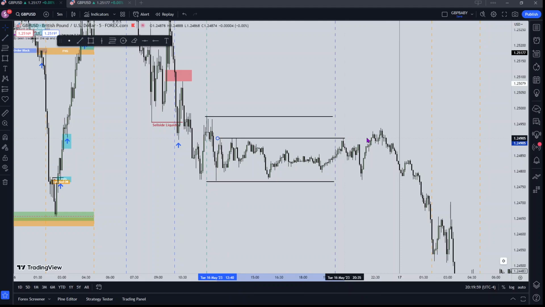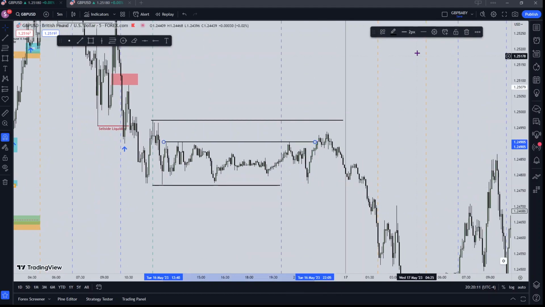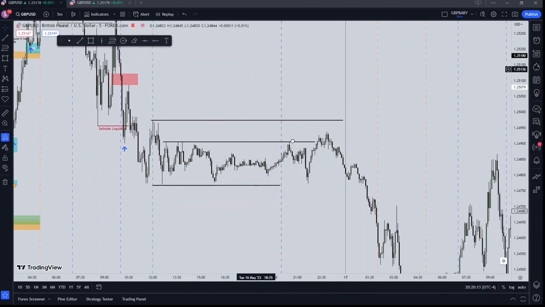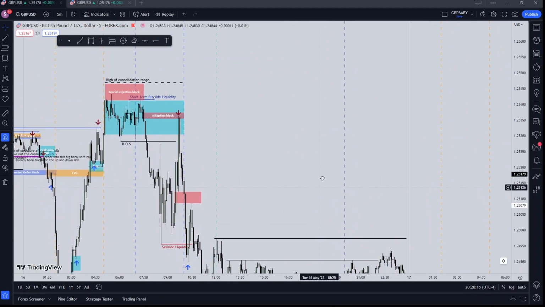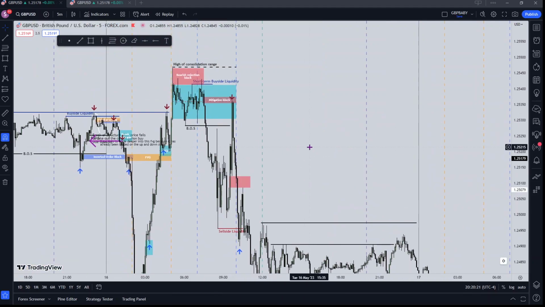So we take out buy side liquidity, but we fail to take out the higher term buy side liquidity. Again, pointing to lower prices. Also we have a small break of structure here. This is the high of the consolidation range, and we failed to take out that, but we take out the other one.